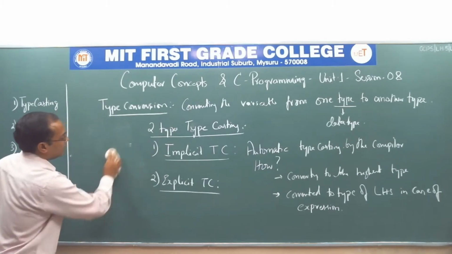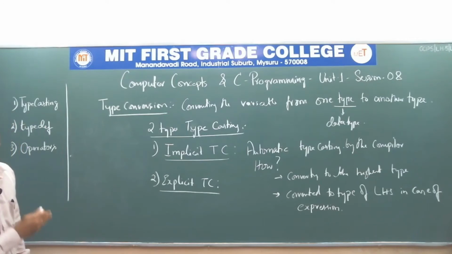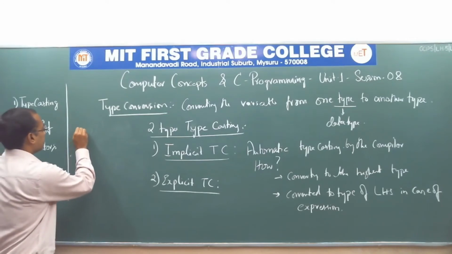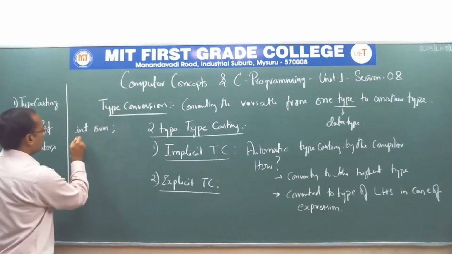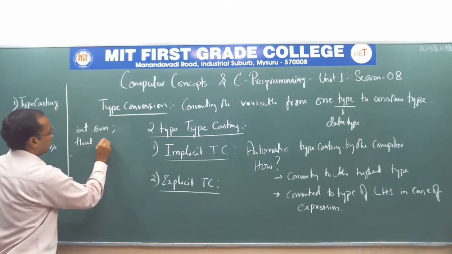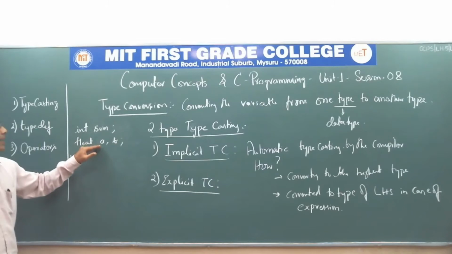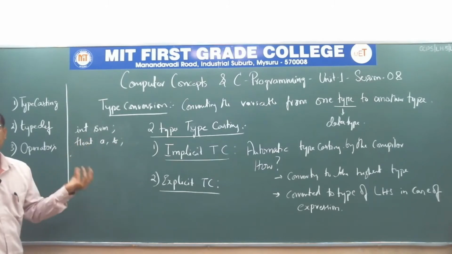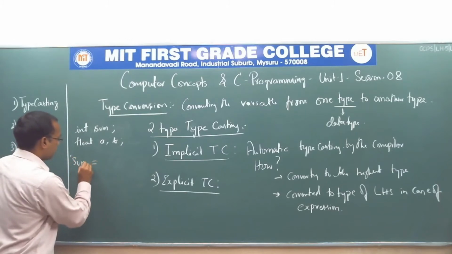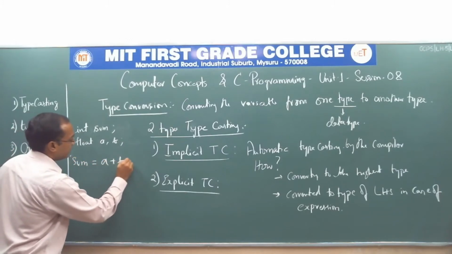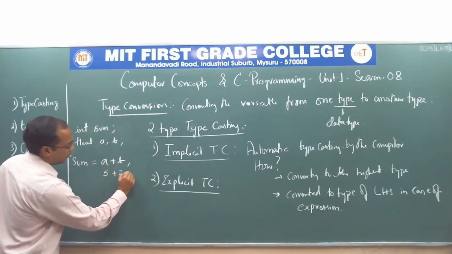Now we'll see the next example. Converted to the type of LHS in the case of expression. Let's take an example. I'll write int sum, okay, and float a and b. Assume that you have supplied the value a and b as 5 and 2.5. So meaning if I say sum is equal to a plus b, what is the value we are considering? 5 plus 2.5.